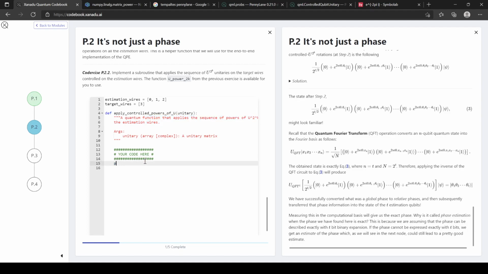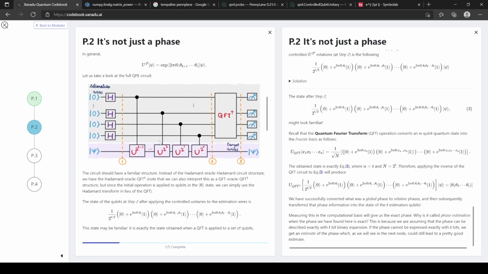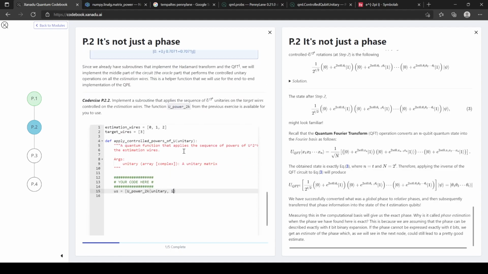Okay, so first what we want to do is I'll just do U is equal to U power 2^k of U, unitary, I, right? Because we want to generate these specific unitaries, Ui for i in range length of estimation wires.